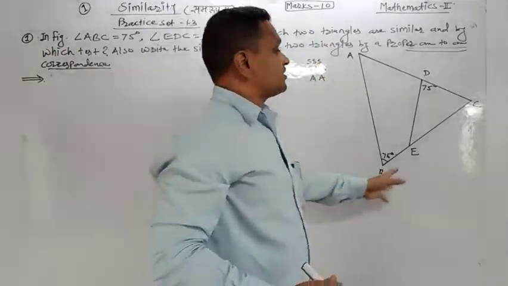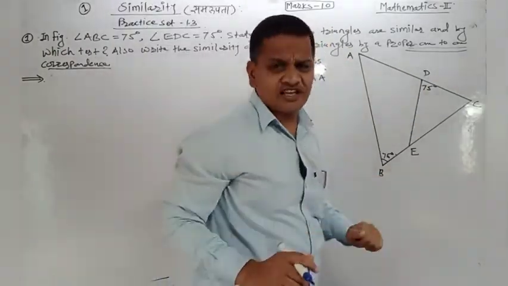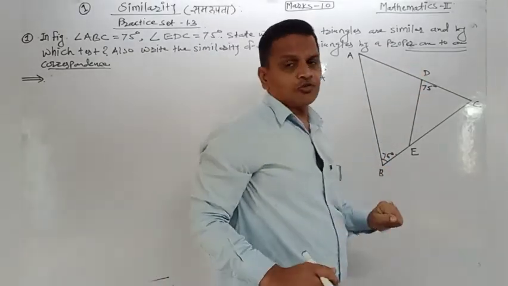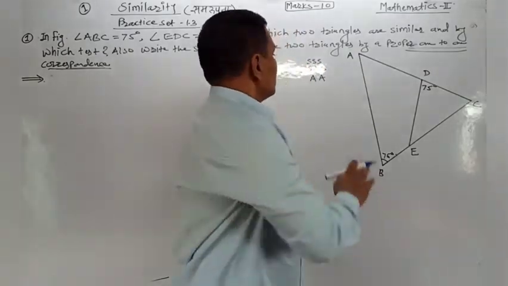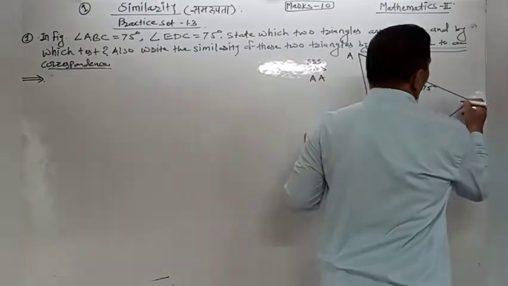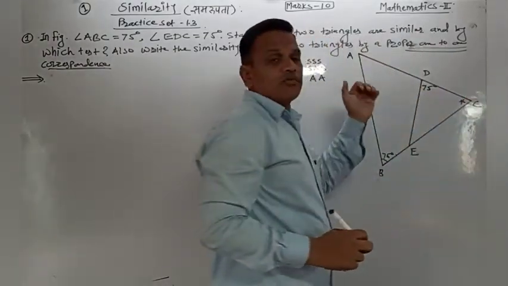Now in triangle ABC and triangle EDC, only two angles are given in the figure. Angle B is equal to 75 degrees and angle D is equal to 75 degrees. And one angle is common here. Angle C is common between the two triangles.